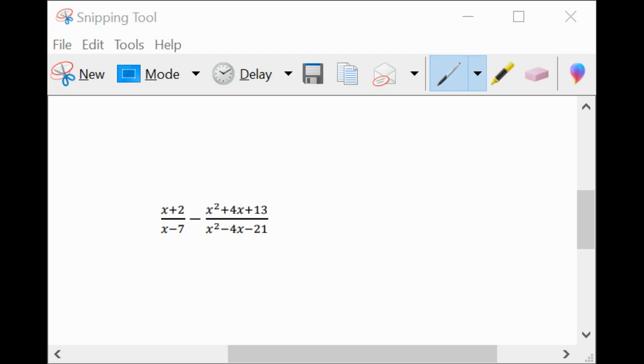The other one, nothing happened to it. So it's exactly the same as what it was before. x squared plus 4x plus 13. So I have x squared plus 5x plus 6 plus x squared plus 4x minus 13 all over x minus 7, x plus 3. So negative, got to be able to see that, I'm sorry.